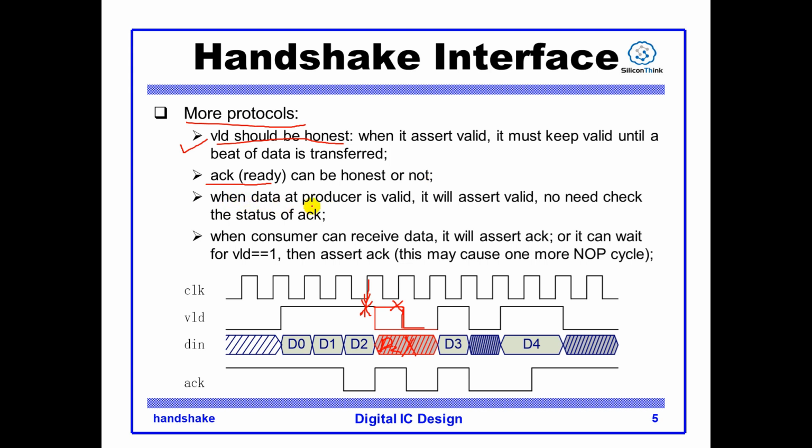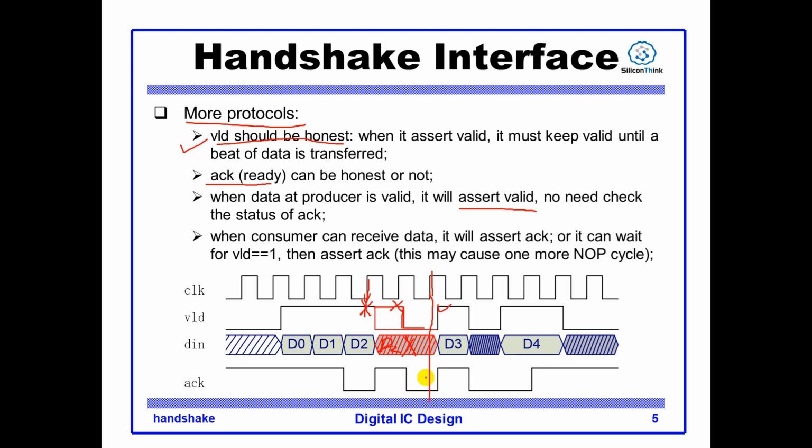And when the data producer has valid data, it should assert valid. No need to check the status of ACK. For example, at this point, there is data that can be sent by block A, so it can assert its valid signal. No need to check the status of ACK in this cycle.